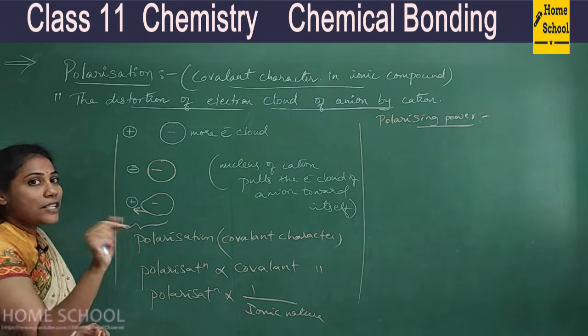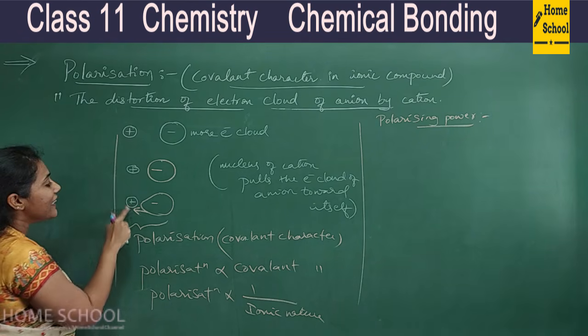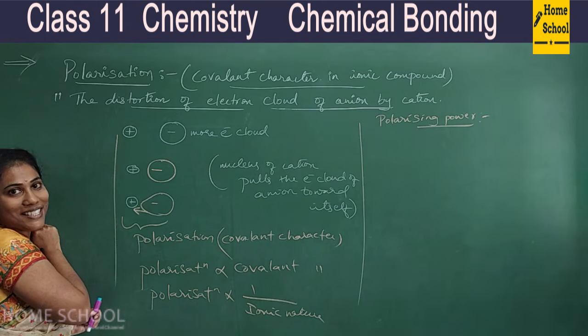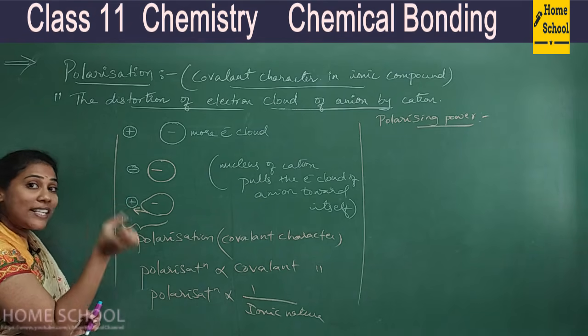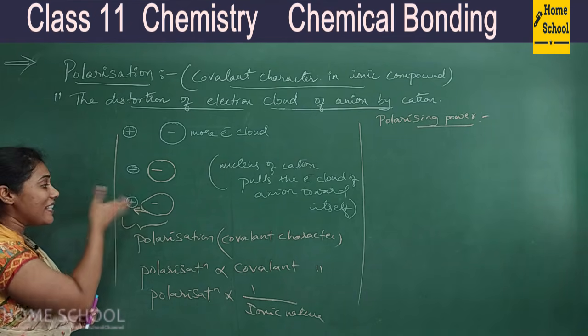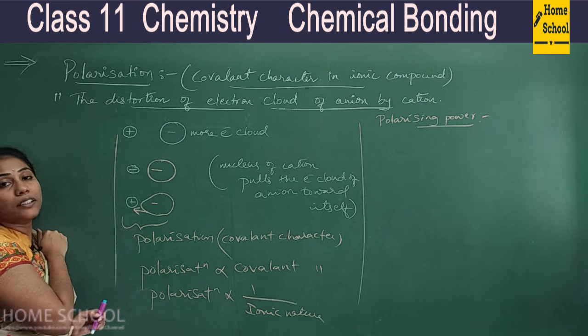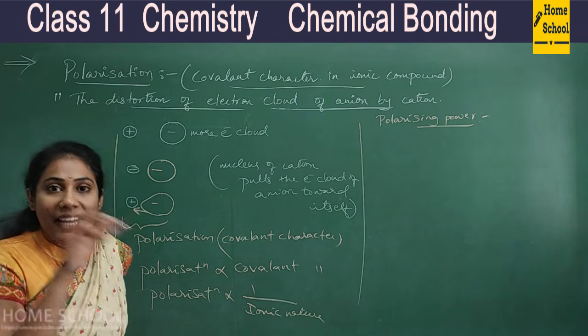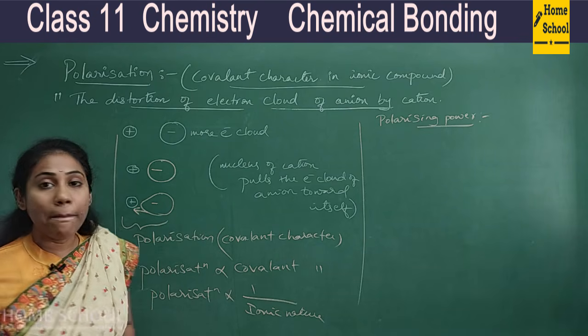The cation must be more active. If it is more active, then only it can pull the electron cloud towards itself. So how active it is, how much capacity it has to pull the electron cloud towards itself, that capacity of the cation is called polarizing power.